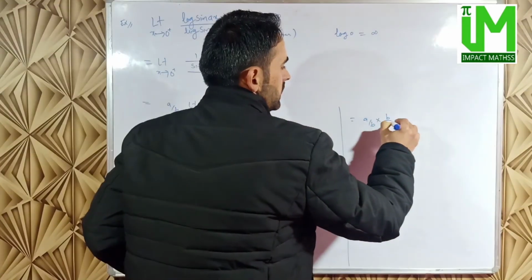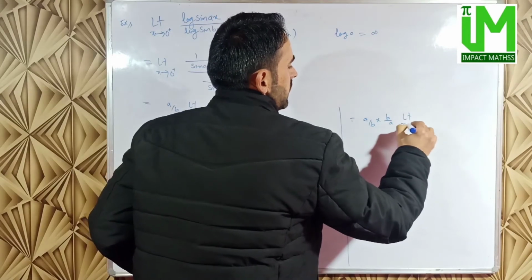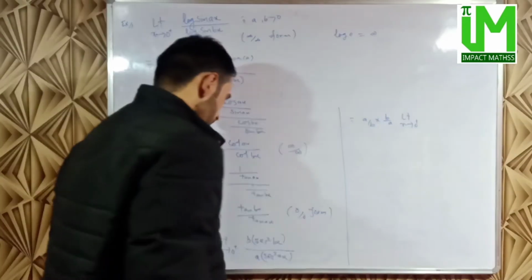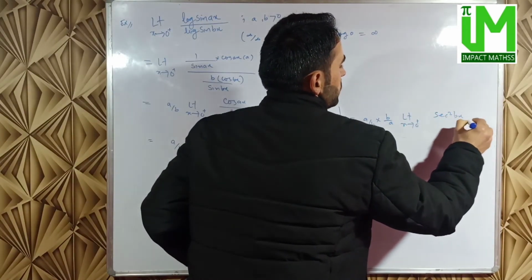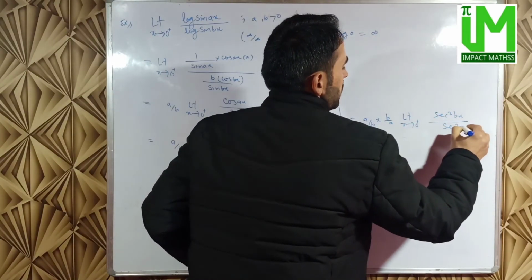b divided by a comes out again, so it will be b divided by a into limit x approaches 0 from the right, sec square bx divided by sec square ax.